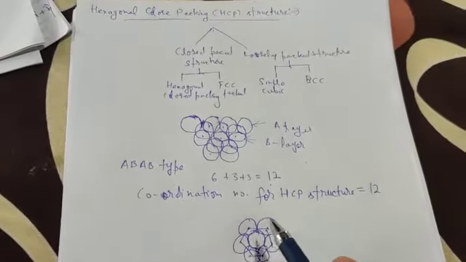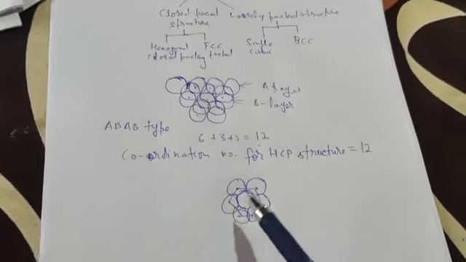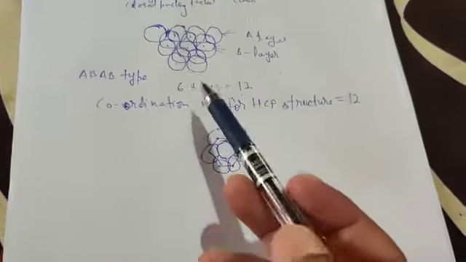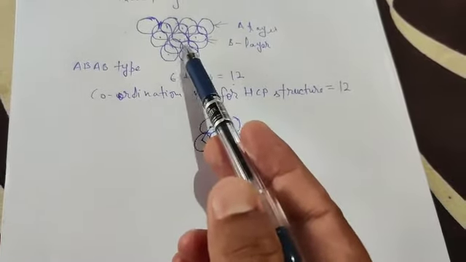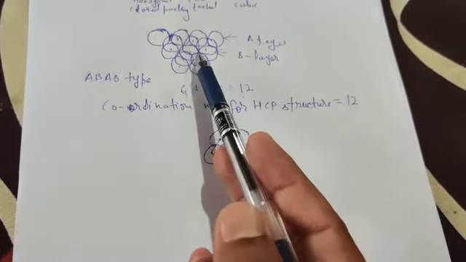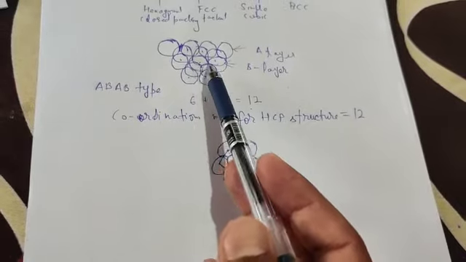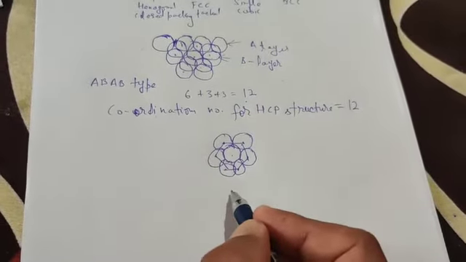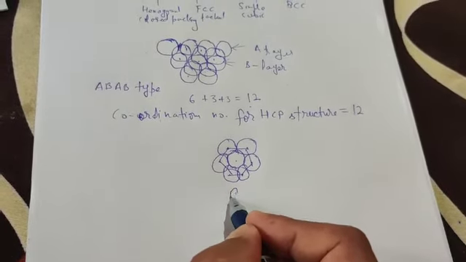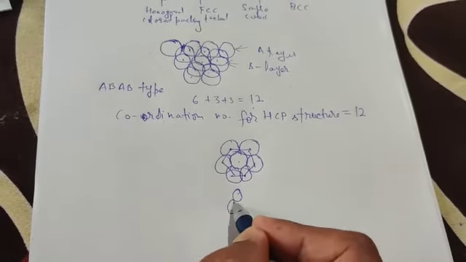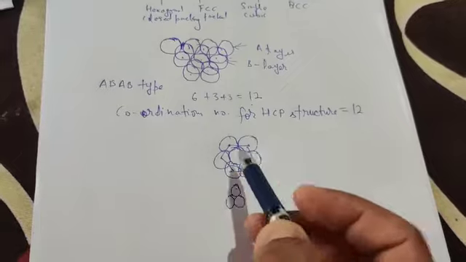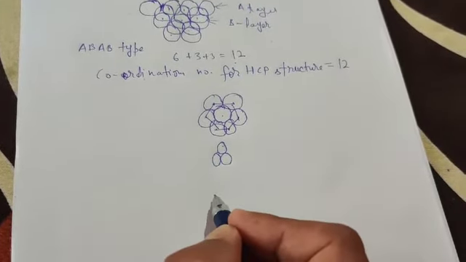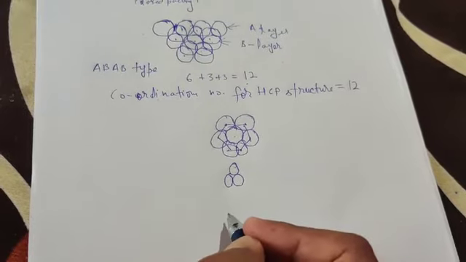Therefore this type of structure is known as hexagonal close packed. Similarly these three atoms which are in the contact of the central atom are like this, because they are inside of this A layer, and there is a downward A layer.